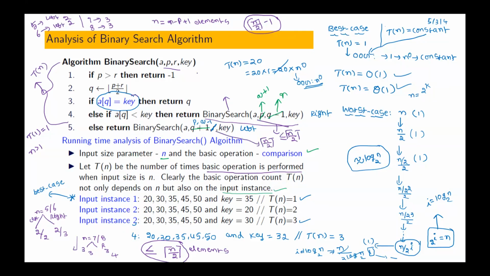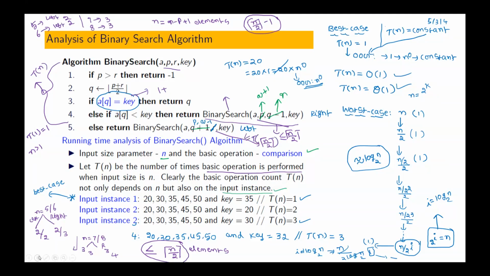Now what is the total time in this case? One is here, 1 plus the amount of work we are doing here. What is the amount of work here? We can write it as not more than T of ceiling of n by 2. Now finally, what is the reconciliation?